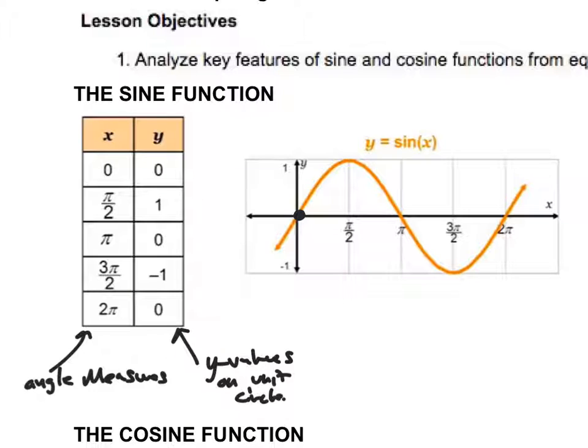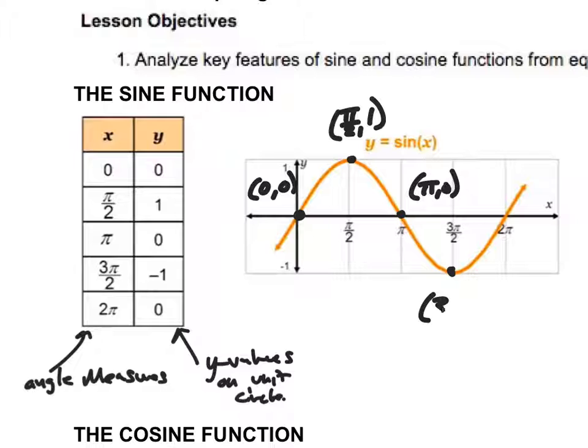We have the point 0, 0. We have the point pi over 2, 1. We have the point pi, 0. You have the point 3 pi over 2, -1. And then you're back at the origin here at 2 pi, 0.